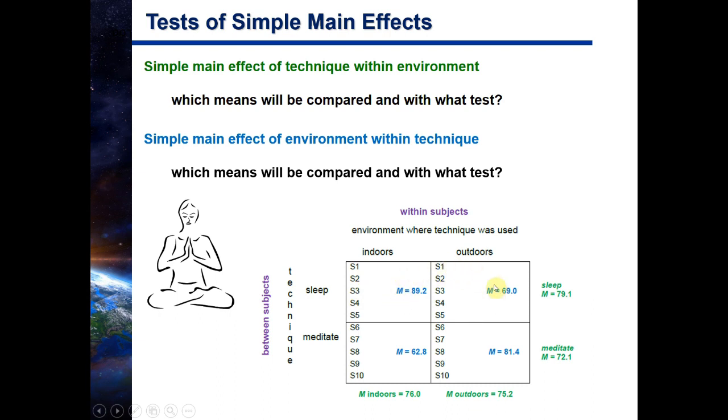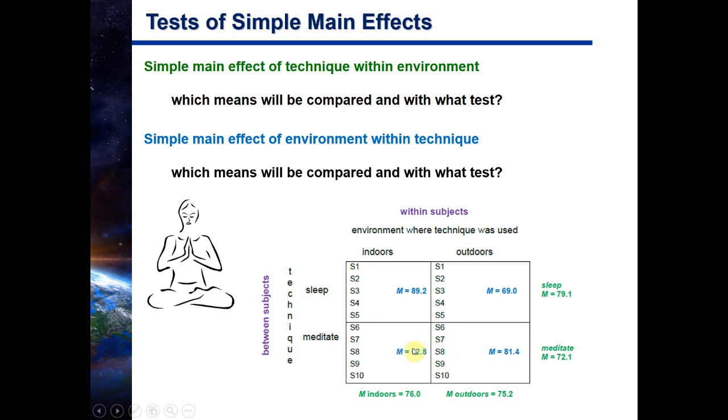So we're going to compare this one to this one. Two means, same people in each group. What would that be? That would be a dependent t-test. T for two. You've only got two means you're comparing, same people in each, dependent t-test. Then when we move down here, again we're comparing the simple main effect of environment.